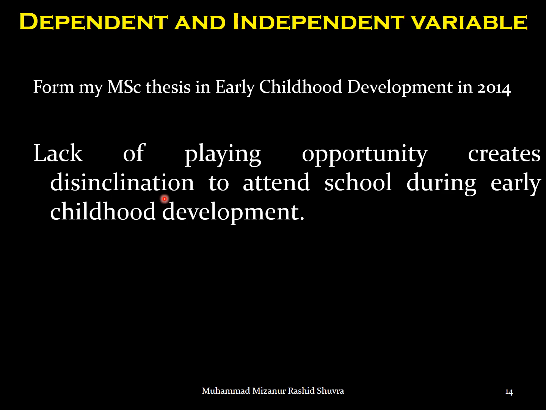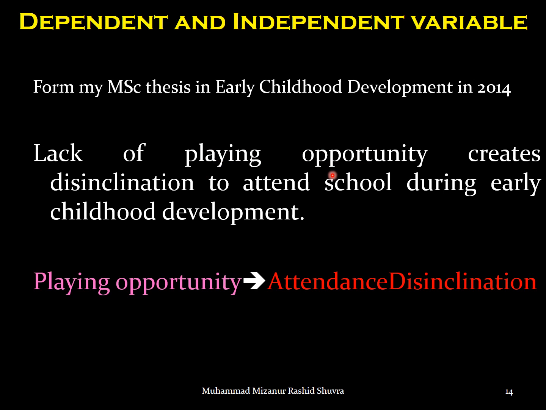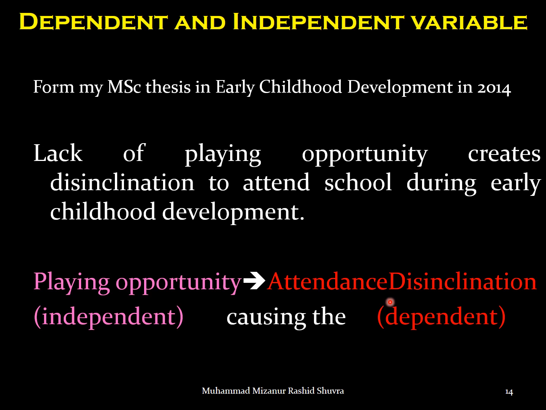So this is the effect that you're looking at. So disinclination must be dependent on lack of playing opportunity. So that's it. Playing opportunity gives attendance disinclination. I mean lack of playing opportunity. I'm sorry. This should be lack of playing opportunity giving attendance disinclination, and therefore independent and dependent variable.